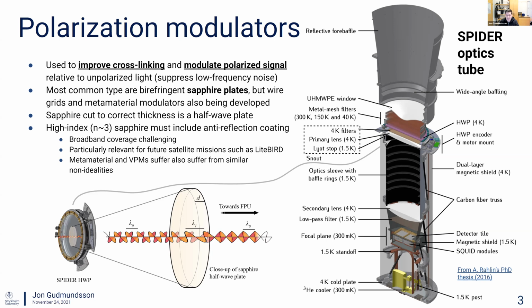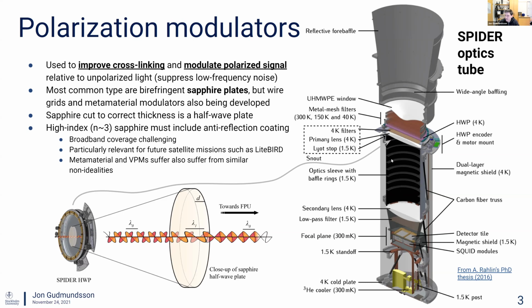The most common example of a half-wave plate is a piece of birefringent sapphire crystal, where the speed of light depends on the polarization of the incoming light. If you chop your sapphire plate to a certain thickness, two plane waves coming in with perpendicular polarizations can be in phase as they enter the plate, but once they emerge on the other side, they'll be shifted by half a wave, and that's a half-wave plate.